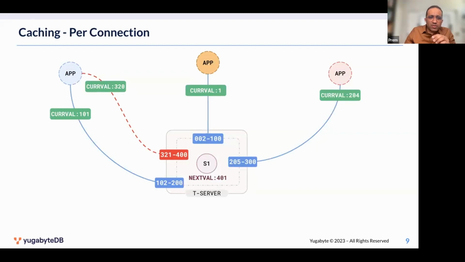Let me also point out this particular red line. One thing to remember about caching is that if you have unused values in the cache, they'll be thrown away. They'll be discarded. They cannot be reused. That's because once you fetch some set of values from the table, the last fetched value is stored, and the database has no idea how many values are used and how many values are discarded.